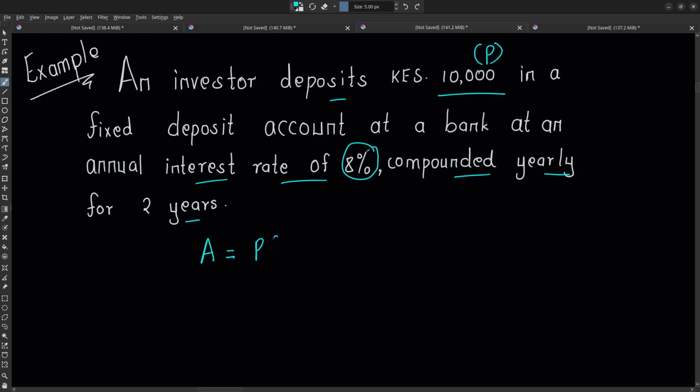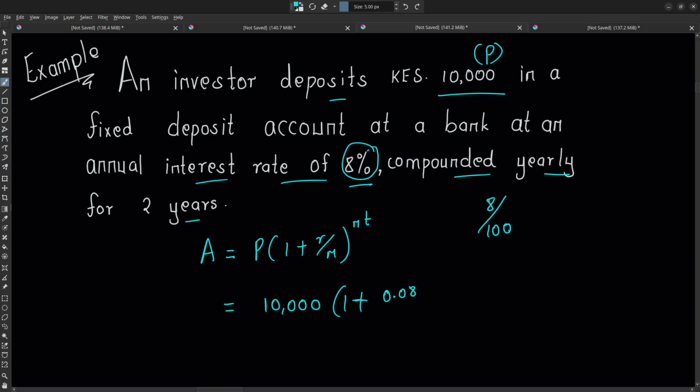So we have A = P(1 + r/n)^(nt). Our principal is 10,000, which is the original deposit. 1 plus our rate, which is 8%, so that is 0.08 because it's just 8 out of 100.